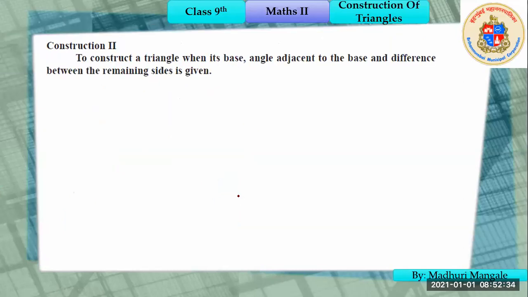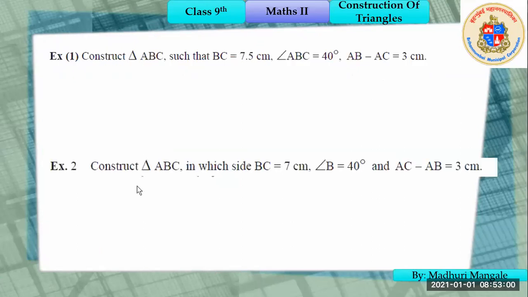Next we look at construction type 2, where the base is given, the angle is given, and the difference between the two remaining sides is given. Now when we talk about difference, it can be greater minus smaller, or it can be the other way. In difference also there are two types of constructions.